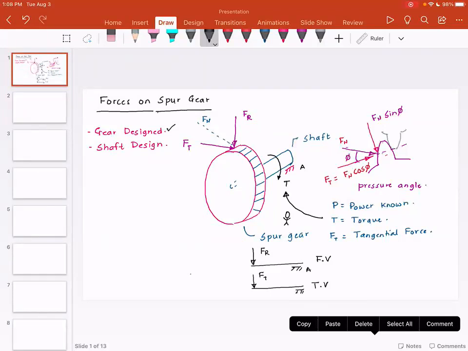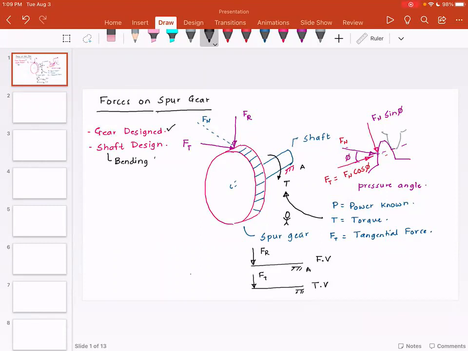So because of the configuration of the gear and where the forces are applied, we have a shaft design problem where you have bending moment in the horizontal direction, bending moment in the vertical direction, and torque acting simultaneously.